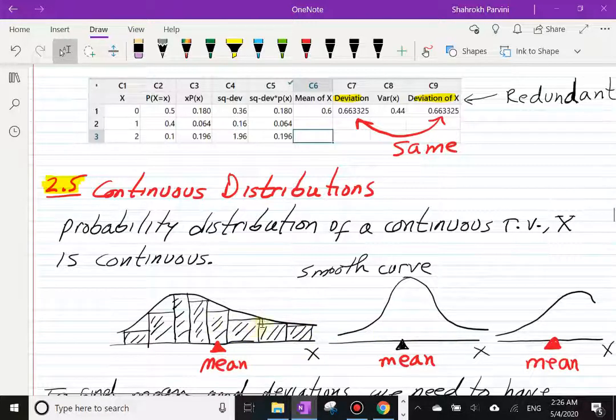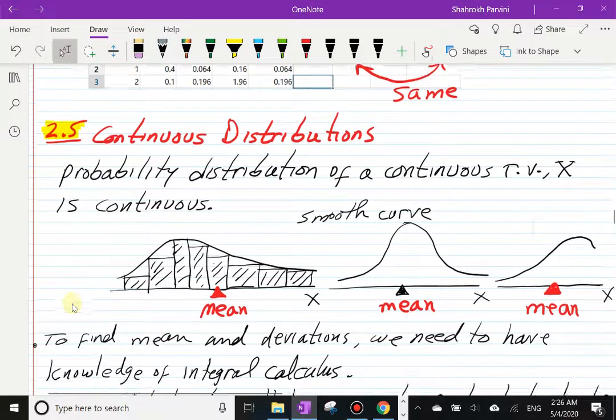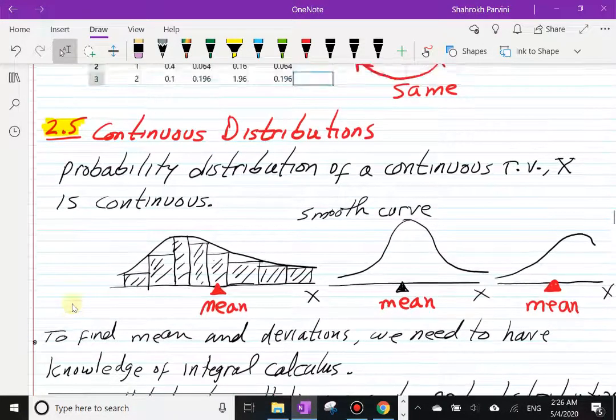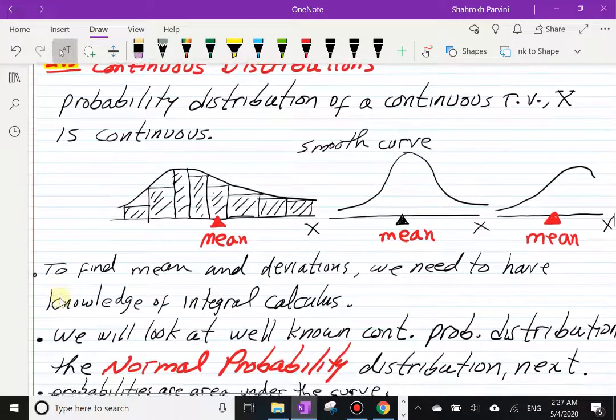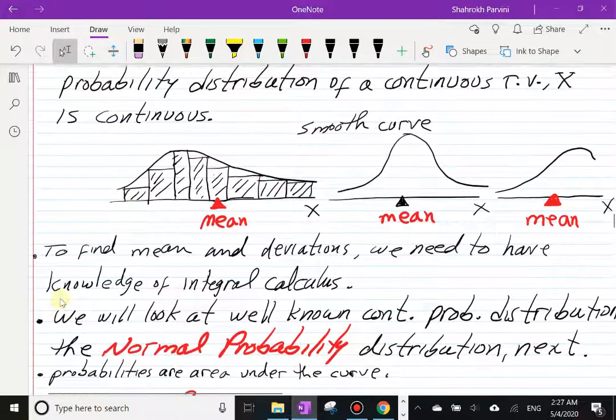And of course, with any histogram again, we are interested maybe in the measure of location, the mean, and the deviation and so on and so forth. But in order to find the mean and deviations for these, we need to have knowledge of integral calculus. So we're not going to do anything like that in this course. So we'll look at one well-known distribution, the normal probability distribution, in a minute here.